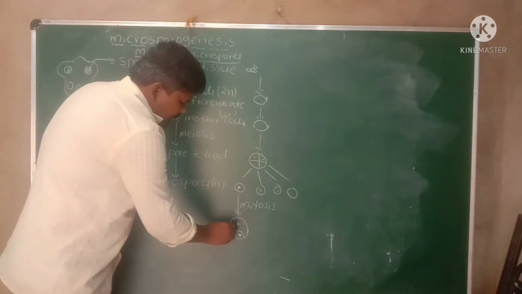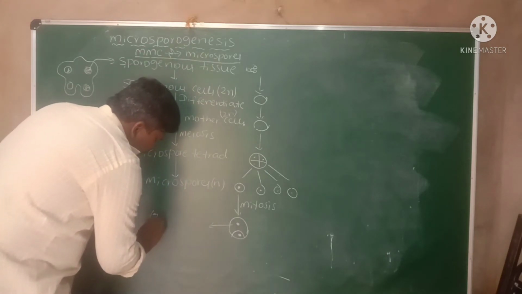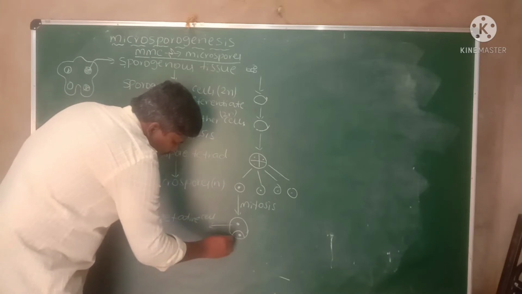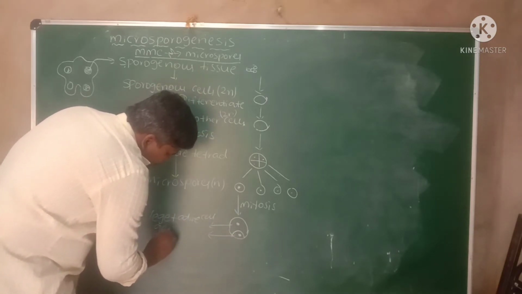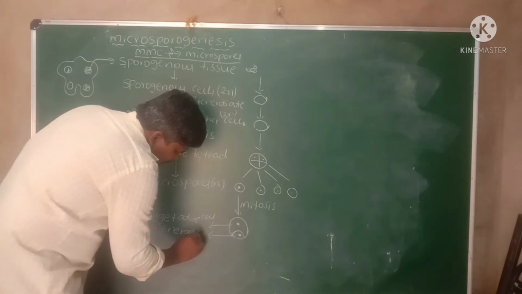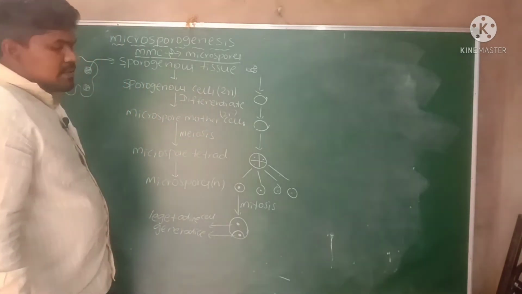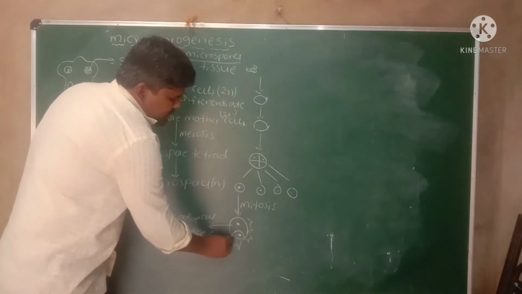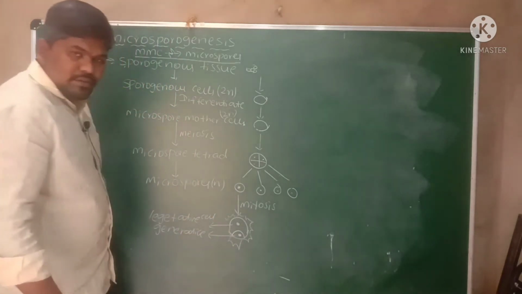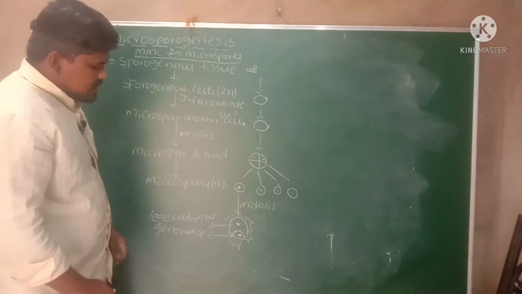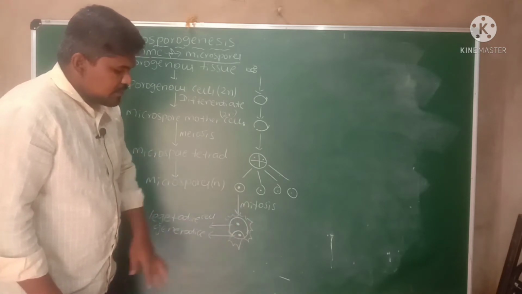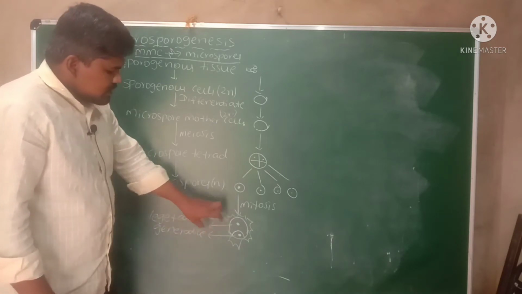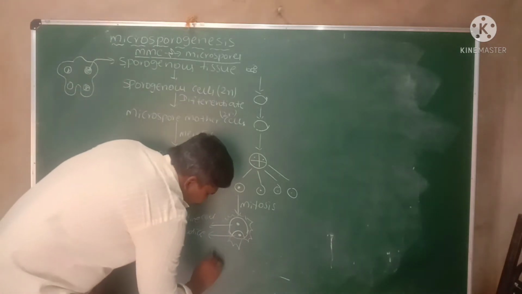The large cell is called the vegetative cell, and the small cell is called the generative cell. Then two protective layers form surrounding this microspore. After completion of nuclear and cytoplasmic division and formation of the surrounding layers, it is called a pollen grain.